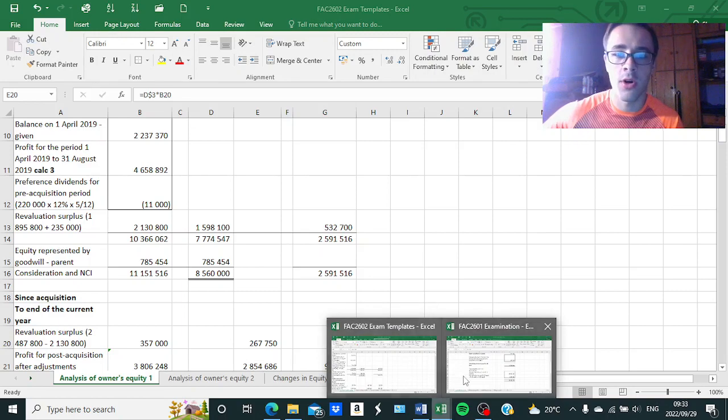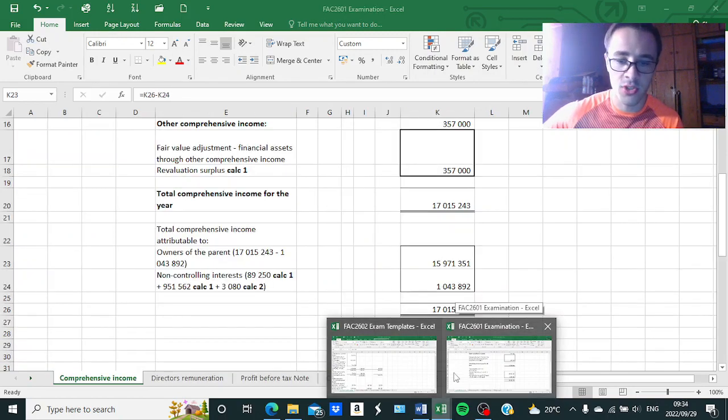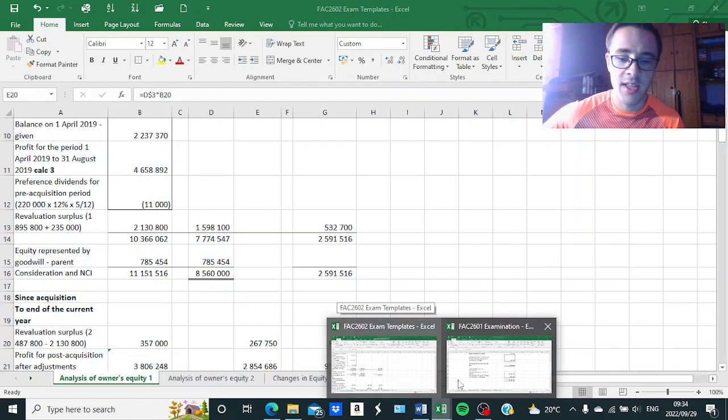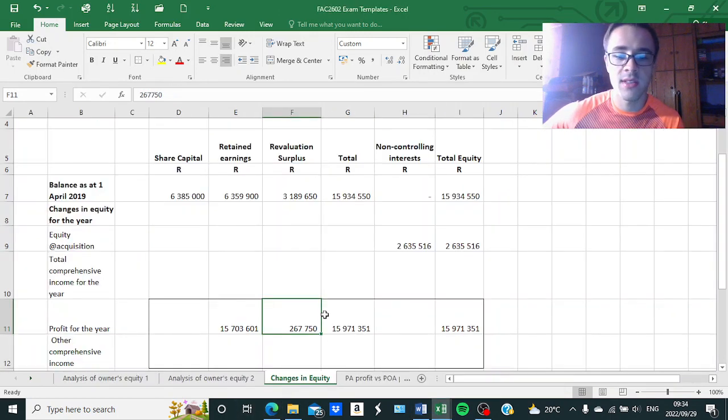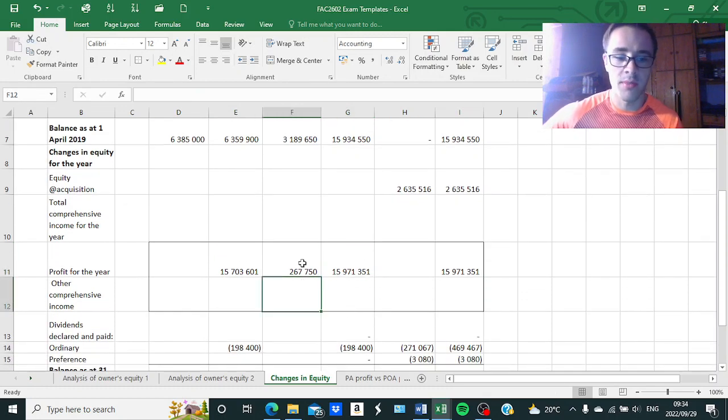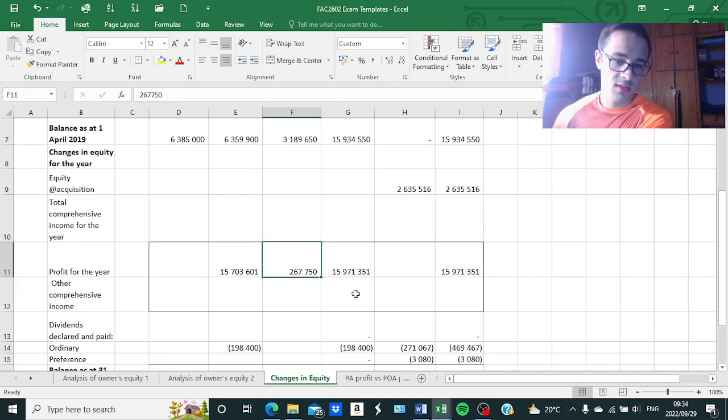Okay, that was covered in part 1 of question 2. Okay, and if you add these two amounts together, and remember that the parent's portion of revaluation surplus would be shown in the revaluation surplus column. So therefore, the sum of these two will just give you the total comprehensive income attributable to owners of the parent. Just let me show this correctly.